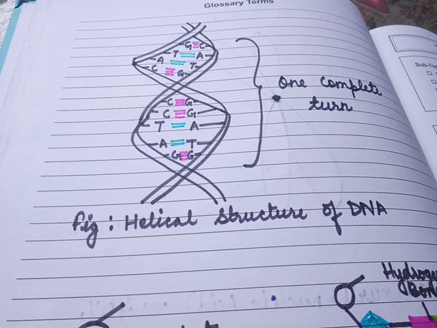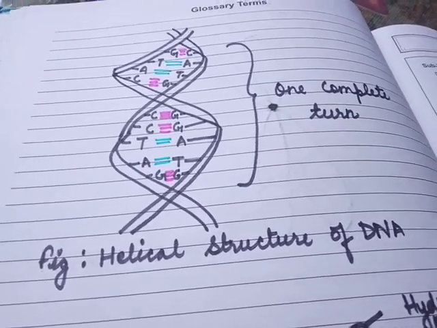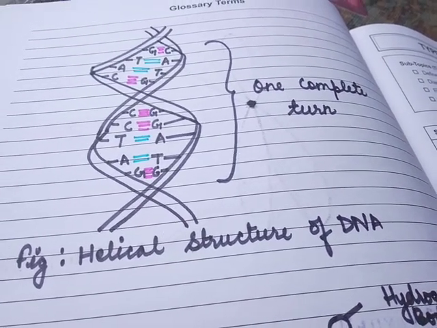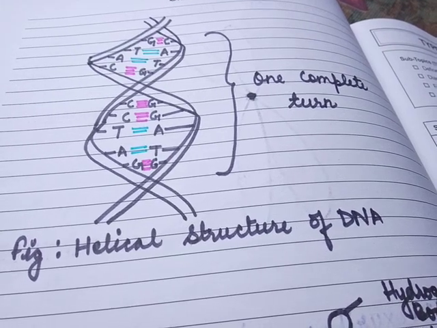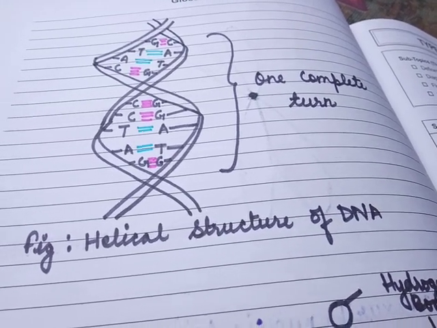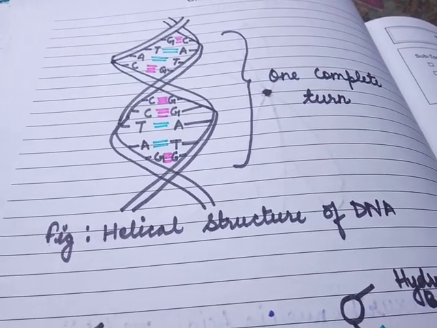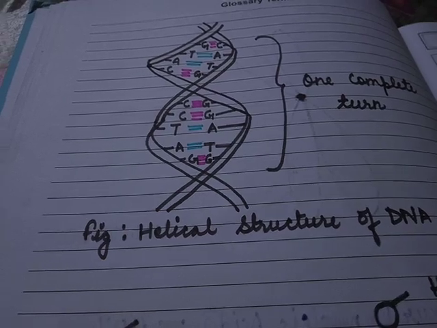Now we are going to study the structure of DNA. The shape of the DNA molecule was studied first by Rosalind Franklin, and the work was completed by Watson and Crick in 1953.